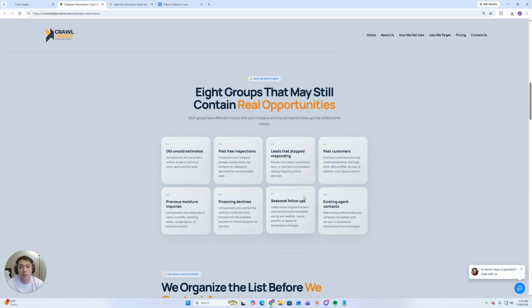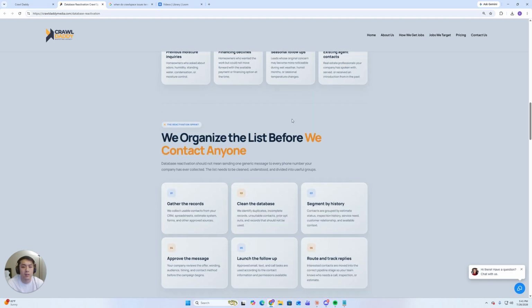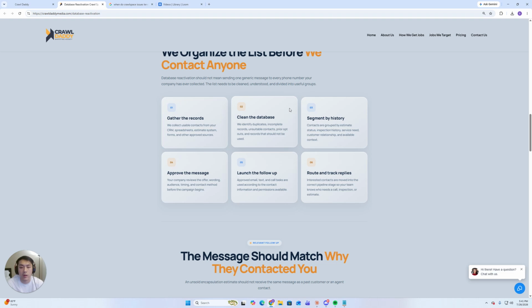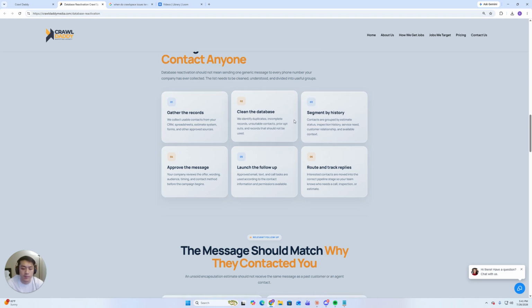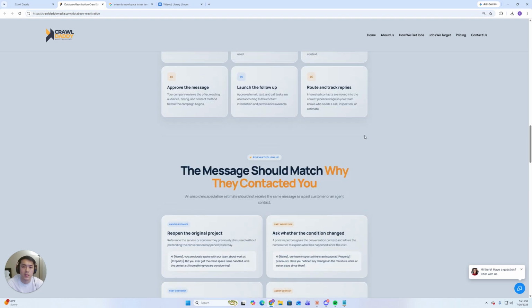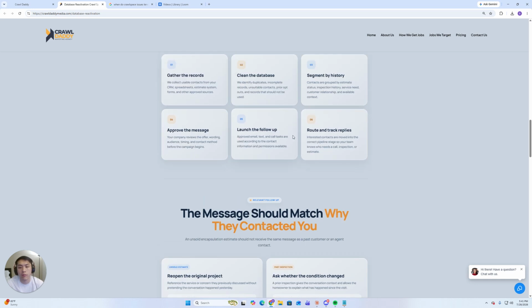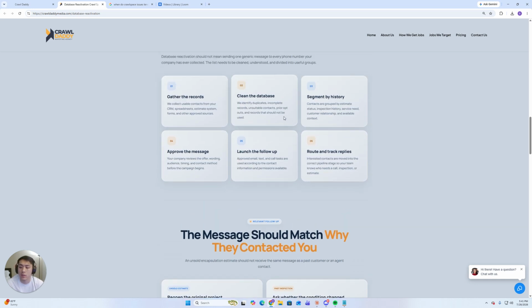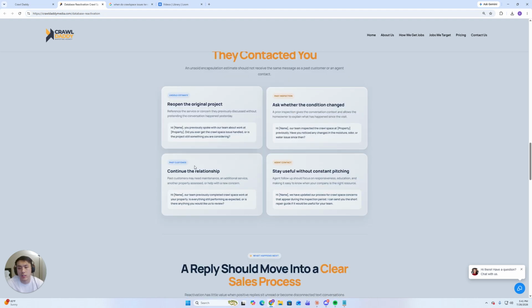So this is better for established contractors who have a long list of clientele or inactive clientele, right? For example, people that just went through with a dehumidifier installation or a vapor barrier installation, but never went through with a full encapsulation. So you can also try to upsell them, right?